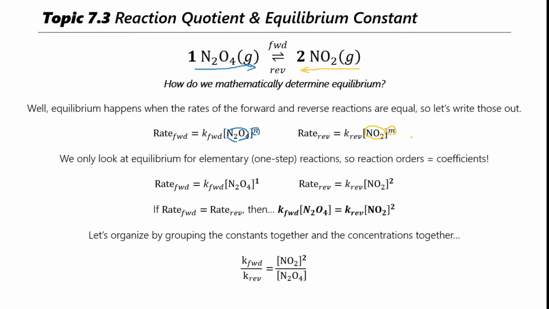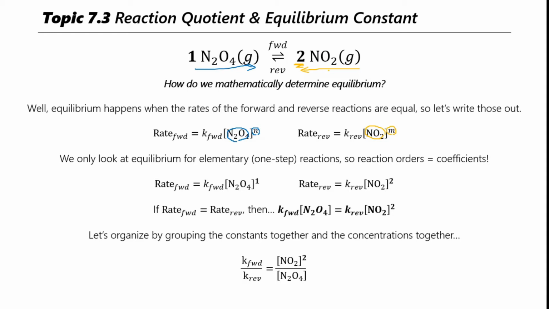If we were dealing with a reaction mechanism, this is usually where we'd have to look at the data and see how the reaction rate changes, figure out if it's zero order, first order, second order, or something weird. But we're only going to look at equilibrium for one-step reactions, elementary reactions. And the shortcut we had for that was whatever the coefficient is out front here is going to be the same as the reaction order.